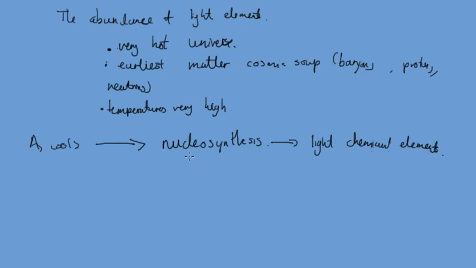And so we see these very light chemical elements, things like helium, both helium-3 and helium-4, the isotopes of helium, deuterium, an isotope of hydrogen, and lithium, and also beryllium.